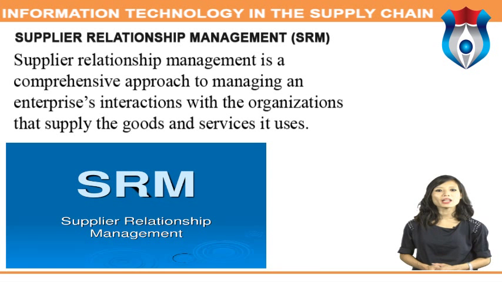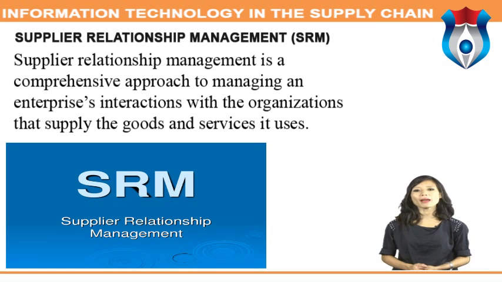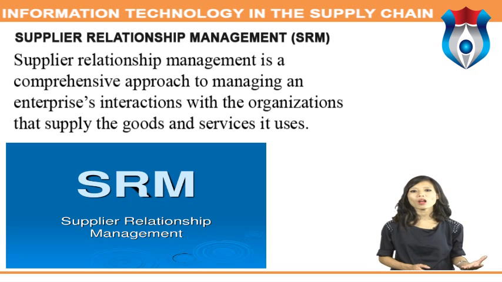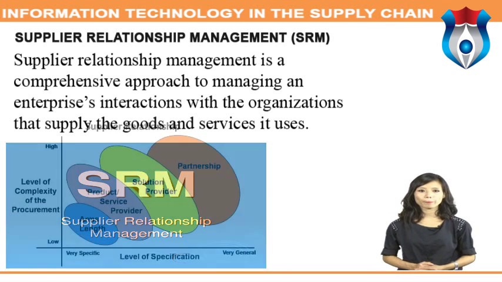Supplier relationship management is a comprehensive approach to managing an enterprise's interaction with the organizations that supply the goods and services it uses. The goal of supplier relationship management (SRM) is to streamline and make more effective the processes between an enterprise and its suppliers, just as customer relationship management (CRM) is intended to streamline and make more effective the processes between an enterprise and its customers.